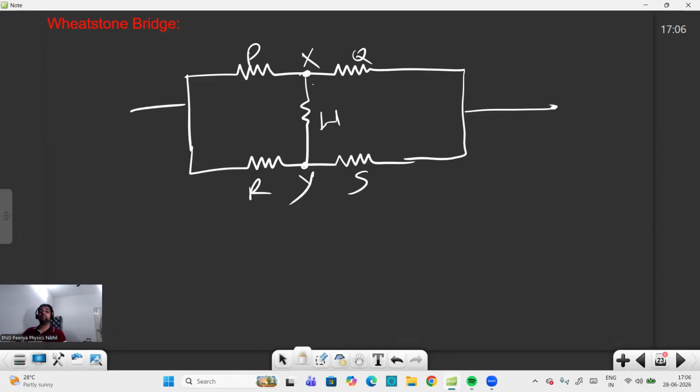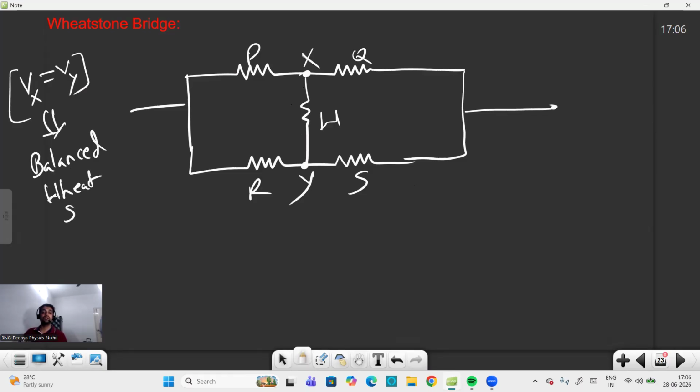Now in this 5 resistor combination, the balanced case of the Wheatstone bridge is the case where the potential at X and Y will be the same. So when V at X and V at Y are the same, that is the case of a balanced Wheatstone bridge.